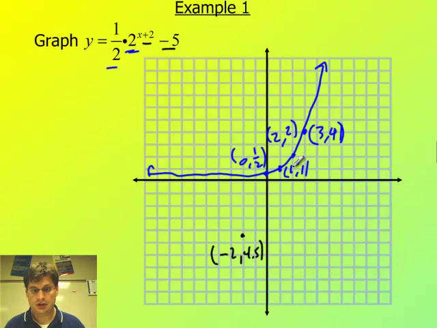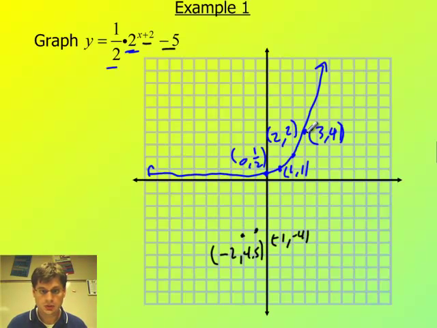And I would do the same thing with each of the other points. So (1, 1), left 2, so subtract 2 from 1, making it -1, and then subtract 5, which would bring us down to (-1, -4).